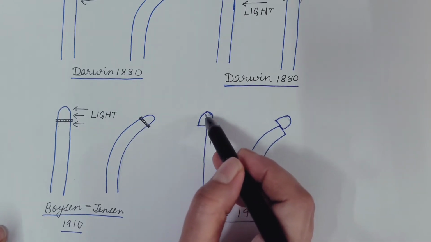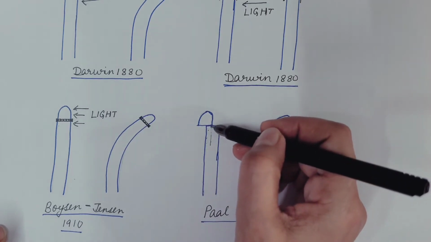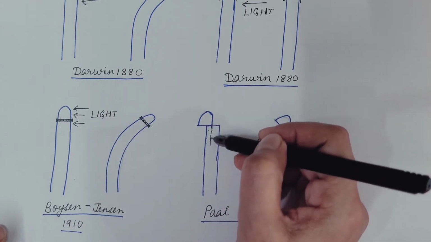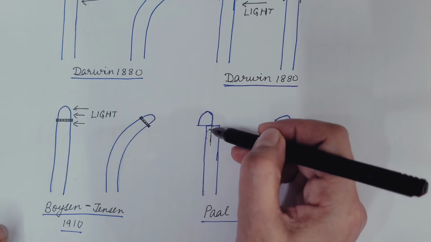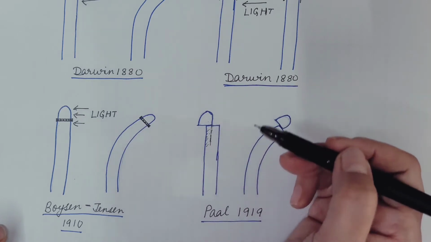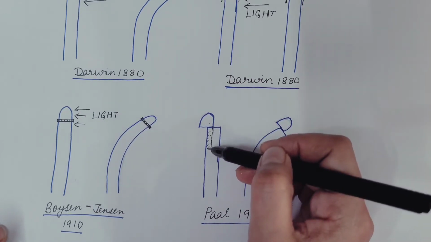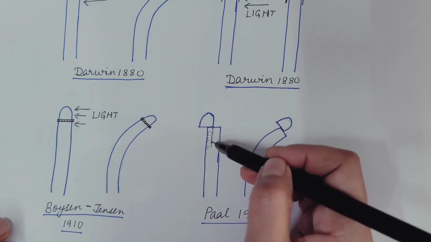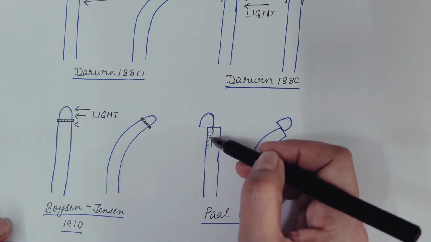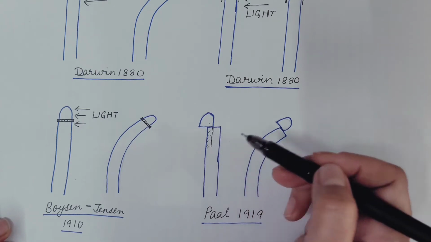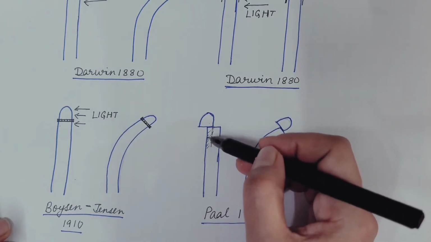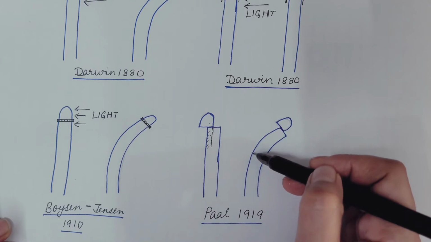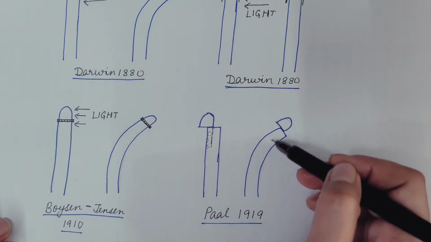Here the tip is placed asymmetrically, so the substances are transmitted to the lower part only in this region. As a result this region grows more compared to the other region. So there is asymmetry in the growth of the two regions, and hence it bends or shows curvature.